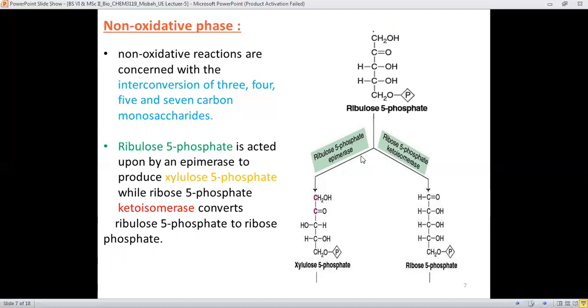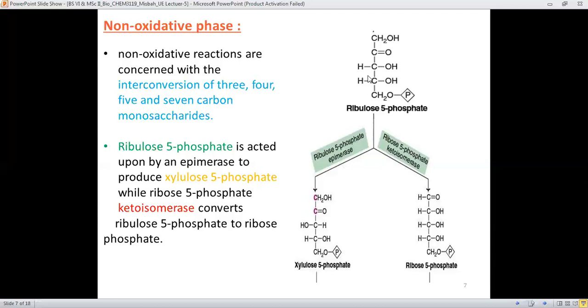On ribulose 5-phosphate, two enzymes act. One is epimerase, the second is ketoisomerase. What will the epimerase enzyme do? Epimerization means there are two isomers which differ at only one carbon position.